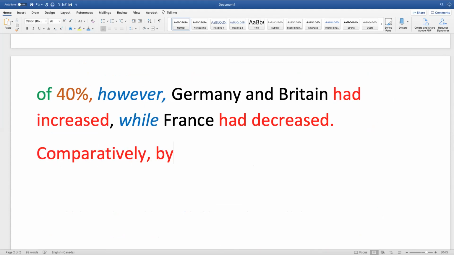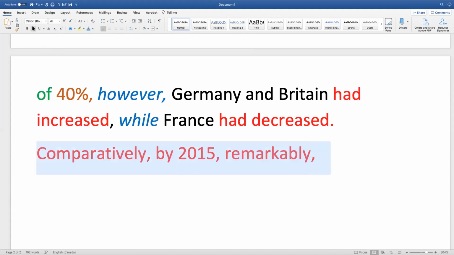Comparatively, by 2015, remarkably. That's a connector, so it should be in blue.